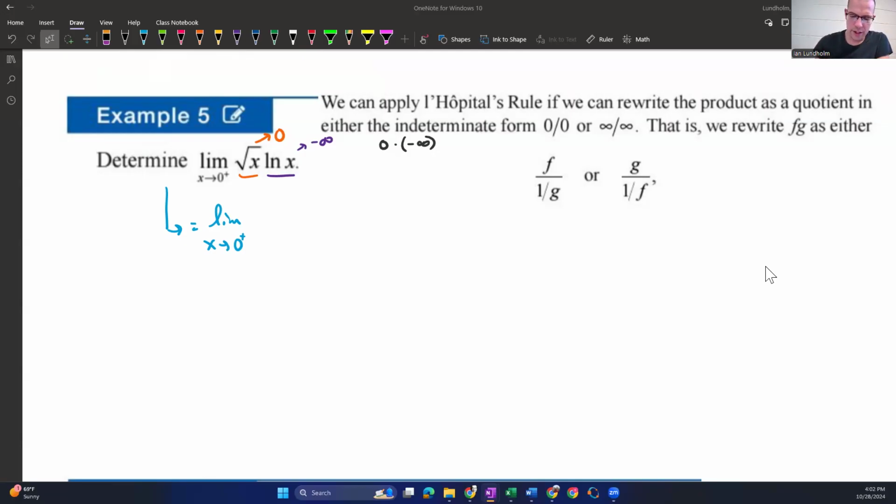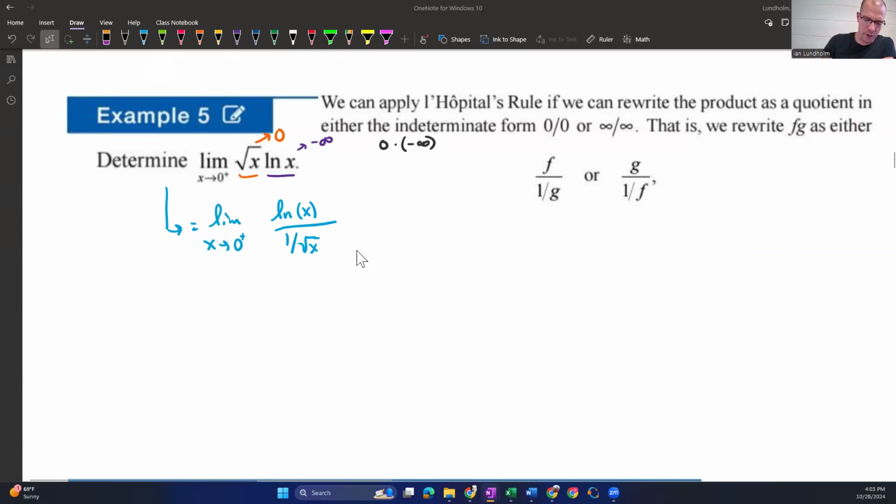So ln of x staying up on top makes a lot of sense, because 1 over the ln of x is kind of gross, but 1 over the square root of x isn't that bad. That's just x to the negative 1/2 power, which is doable. 1 over ln of x would be grosser. So I'm going to phrase it this way.